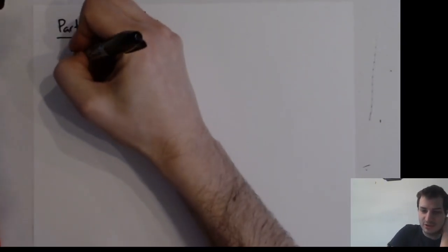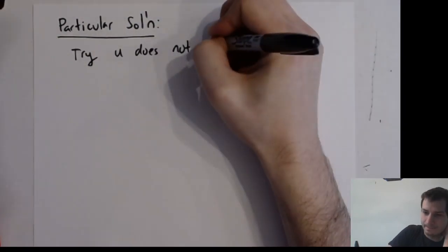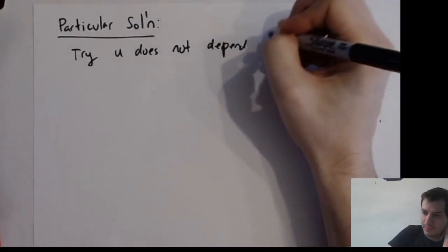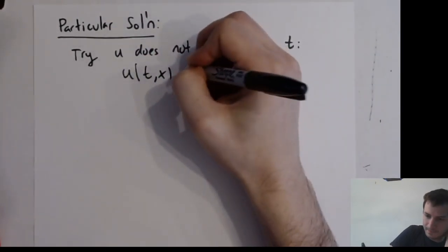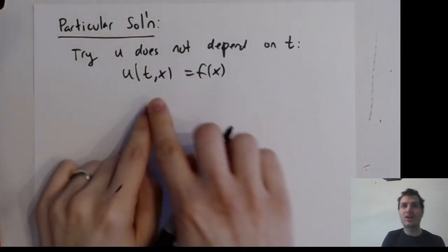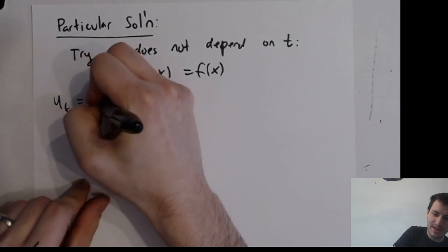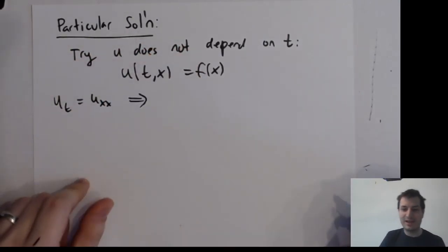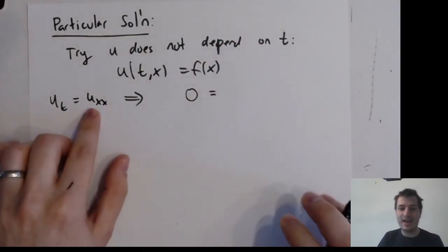So I'm going to try a solution. Try u does not depend on t. So I'm going to try some function of x only, and then the equation u_t equals u_xx. What does that become? What's the t derivative of this thing? It's just 0. What's the xx derivative?